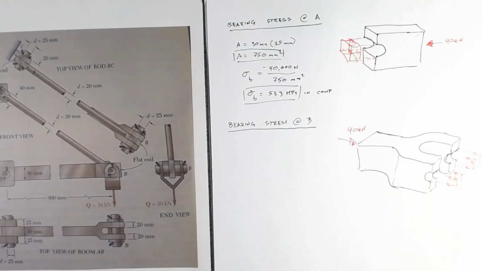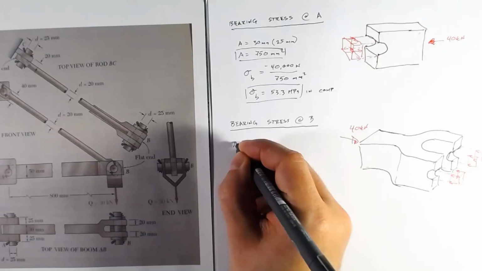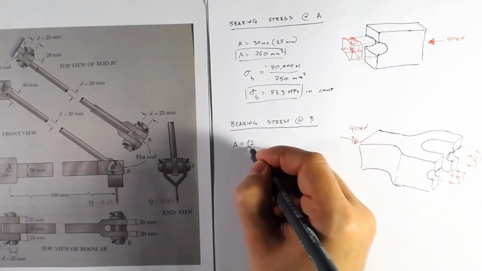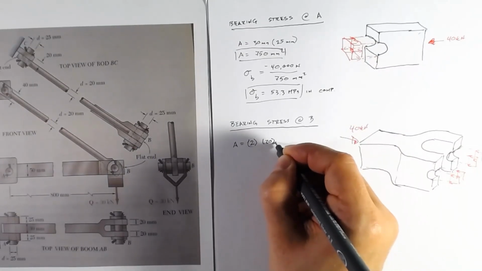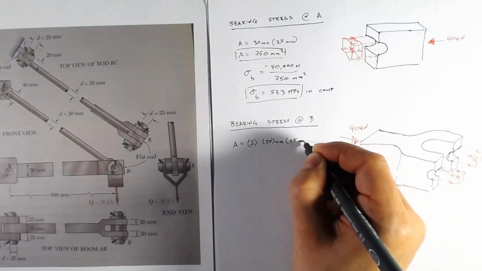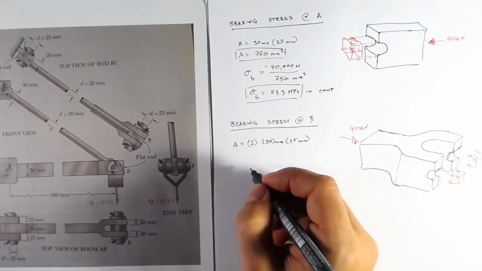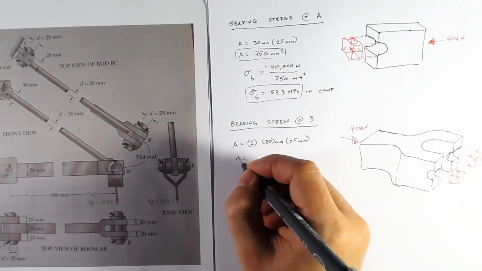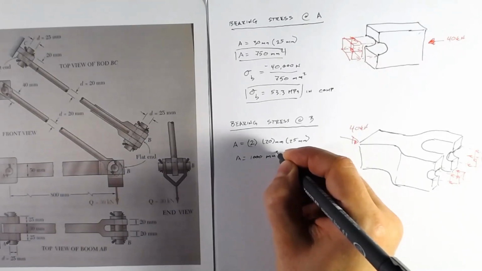Since we're bearing on both of those, our area equals 2 times 20 millimeters times 25 millimeters, so 20 millimeter thickness, 25 millimeter diameter pin, and that area equals 1,000 millimeters squared.